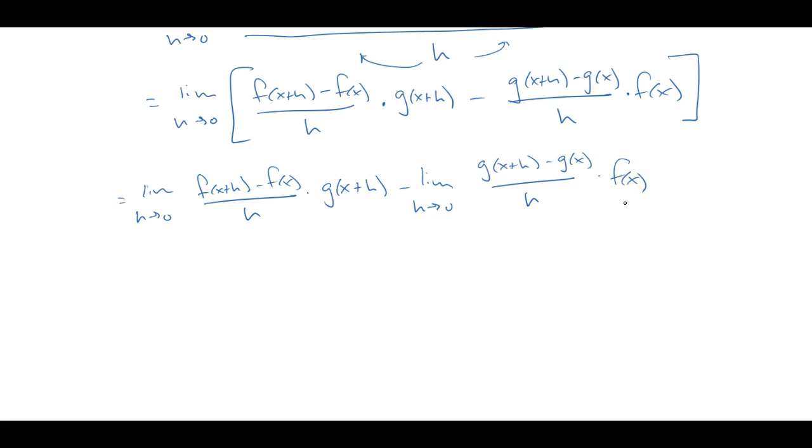Now let's evaluate the limits. When we look at these limits, this part here should be very familiar. That's our f prime of x. Now in this second group, we do have to worry about that h. It is inside the limit. As h approaches 0, x plus h is going to be g of x.